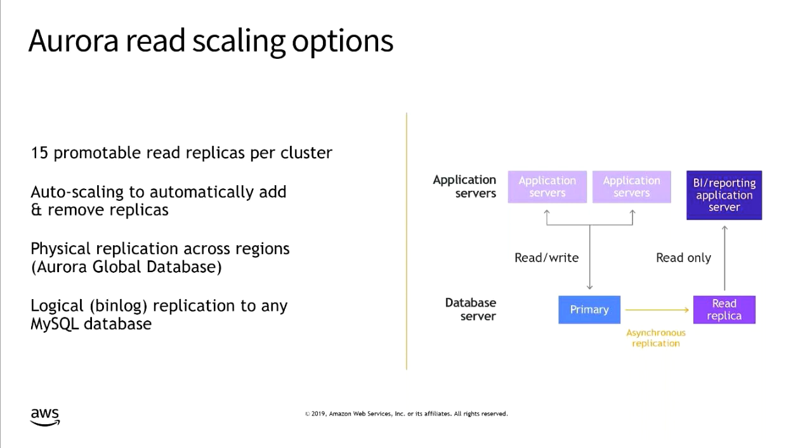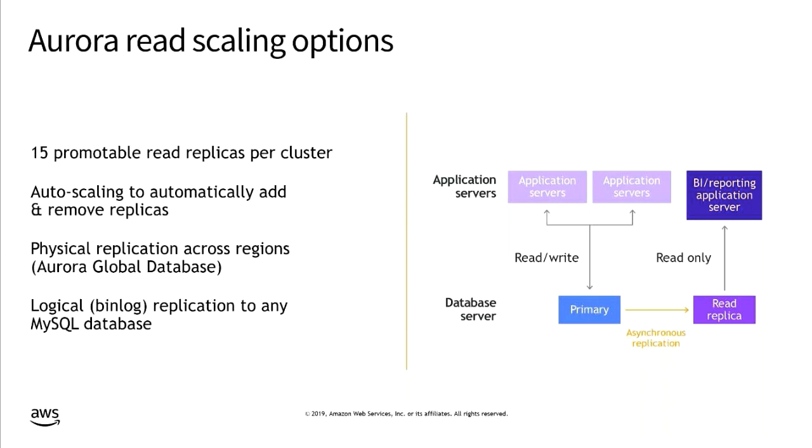You can have the system automatically scale these read replicas for you. So you can just set it so that if you have a lot of read transactions coming in, Aurora will automatically add read replicas and then remove them as read activity goes down.